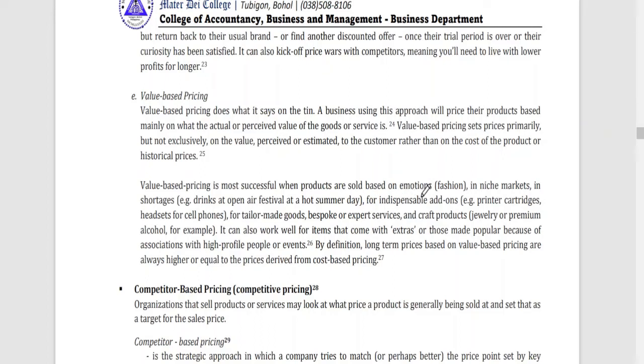So, we have emotions on emotions, like fashion, diba? Regardless kung ang ilang competitors kay mahal or barato in the market, because they know that our product is this worth, we can sell it at this amount even if this is very expensive.